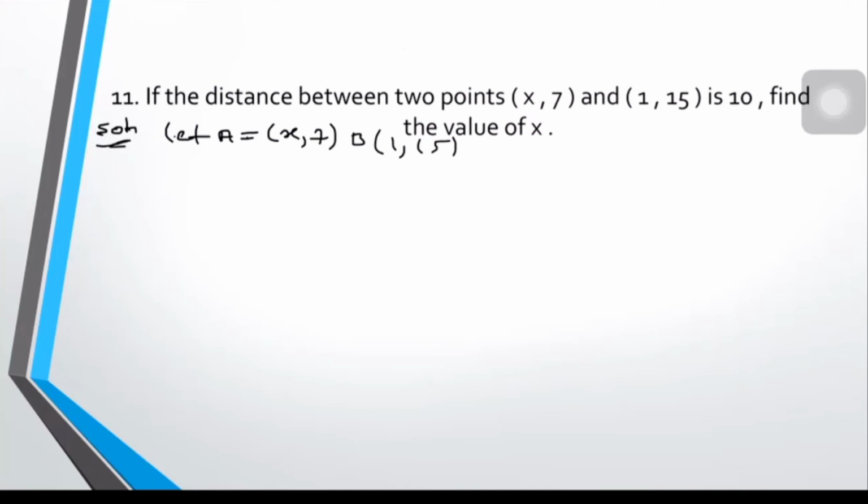Here given distance between 2 points is 10. So given AB distance is equal to 10. We know the distance formula.